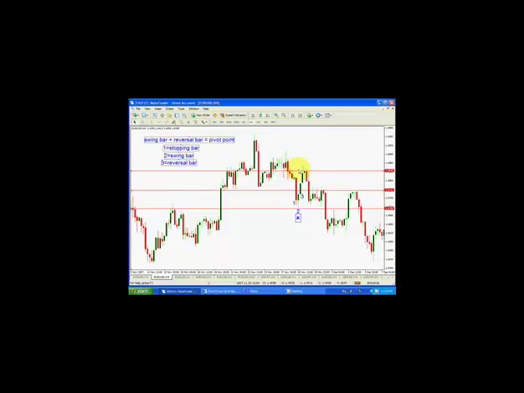And you can see in either case, in this particular example, the profit target has been reached.